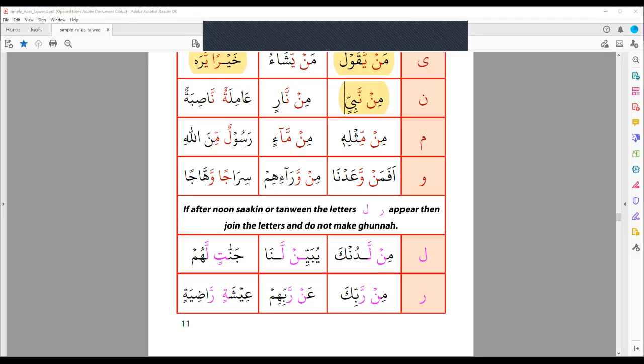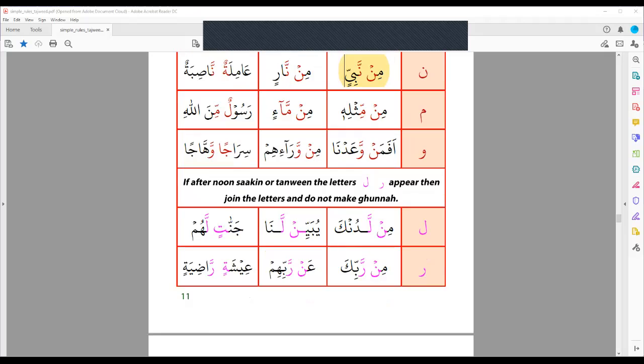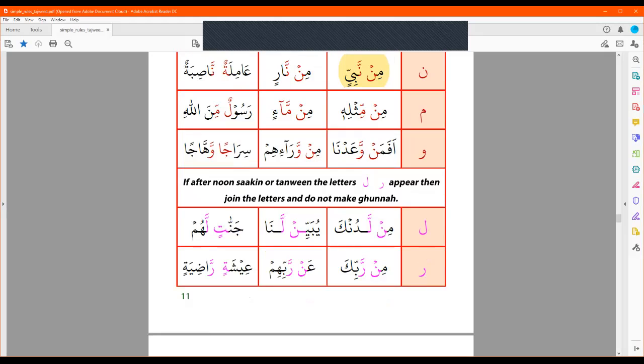That's the whole point of idgham. So you must join together, but here you are not making gunna. So for example, the letter lam, lam is a letter of idgham, you already know. So here is the nun sakin, and after that the idgham letter lam. What kind of idgham? Idgham bela gunna, idgham without gunna.